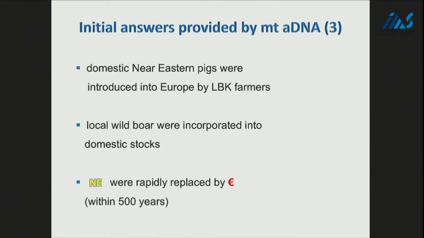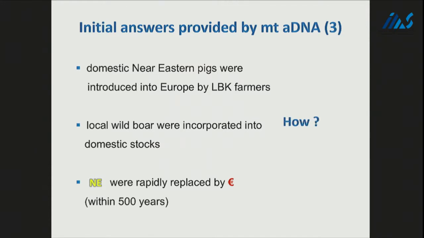Okay, so Greger concluded that the domestic Near Eastern pigs were introduced into Europe by the early farmers, that later on local wild boar were incorporated into the European domestic stocks, and that the Near Eastern haplotypes were rapidly replaced by the Eurotypes. He estimated that it took only 500 years, which is fairly rapid.